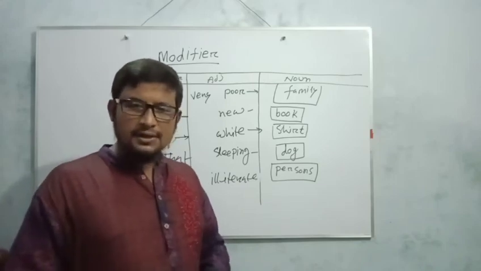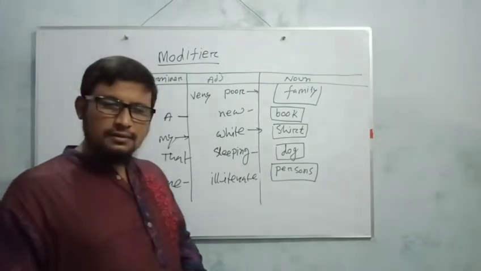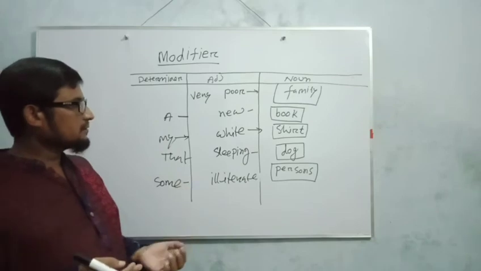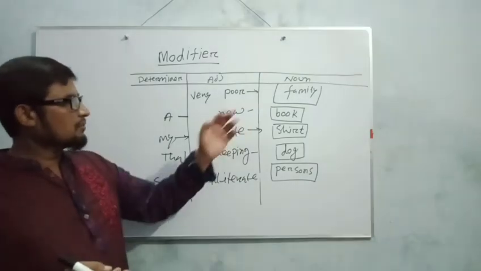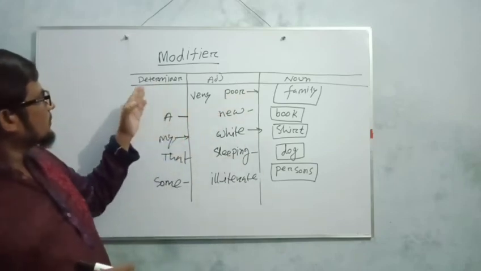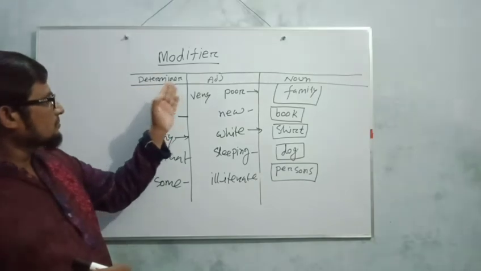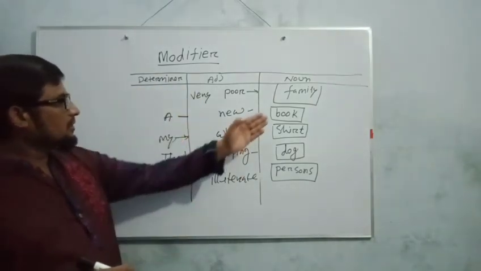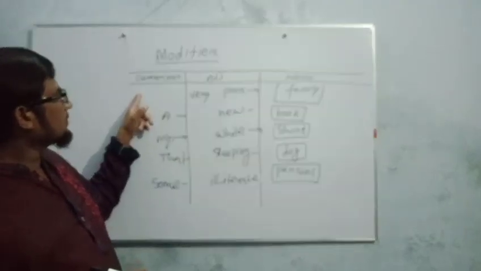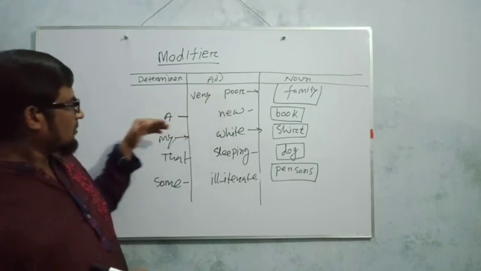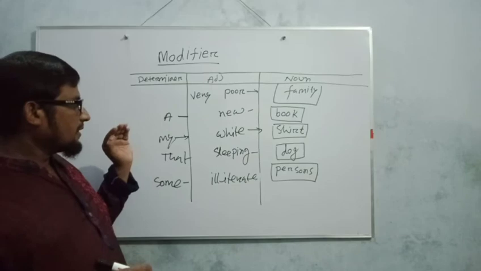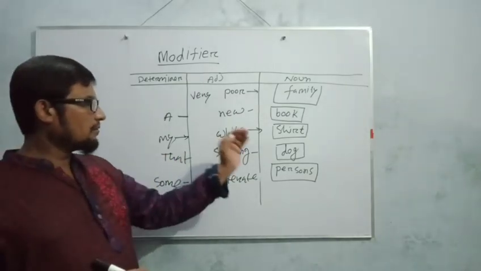If the modifier is placed before the head word, this is called pre-modifier, and if the modifier is placed after the head word, this is called post-modifier. So here we find two types of pre-modifiers before the head word noun. The first one is determiners and the second one is adjective, and all these pre-modifiers give an extra information about the head word.